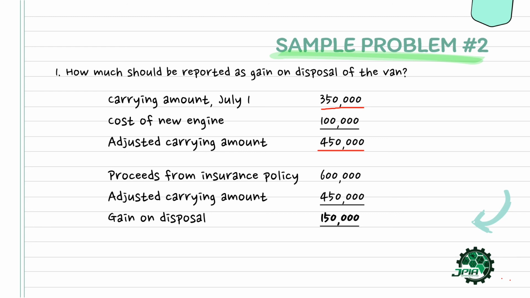Ngayon, sa August, nagkaroon ng proceeds from insurance policy na 600,000. Ngayon, para makuha yung gain on disposal, isusubtract lang natin sa proceeds ang nakuha nating carrying amount, which is 450,000, which will give us the gain on disposal na 150,000 pesos.